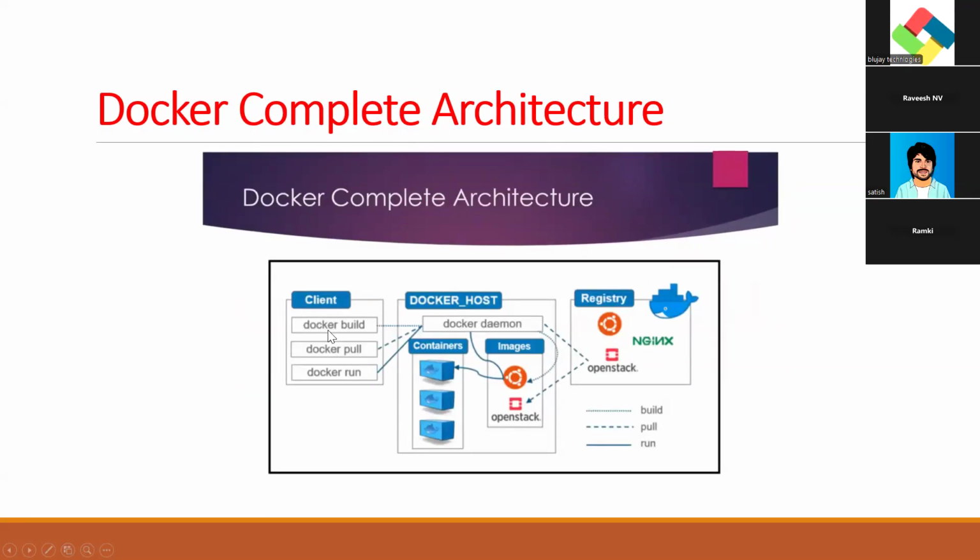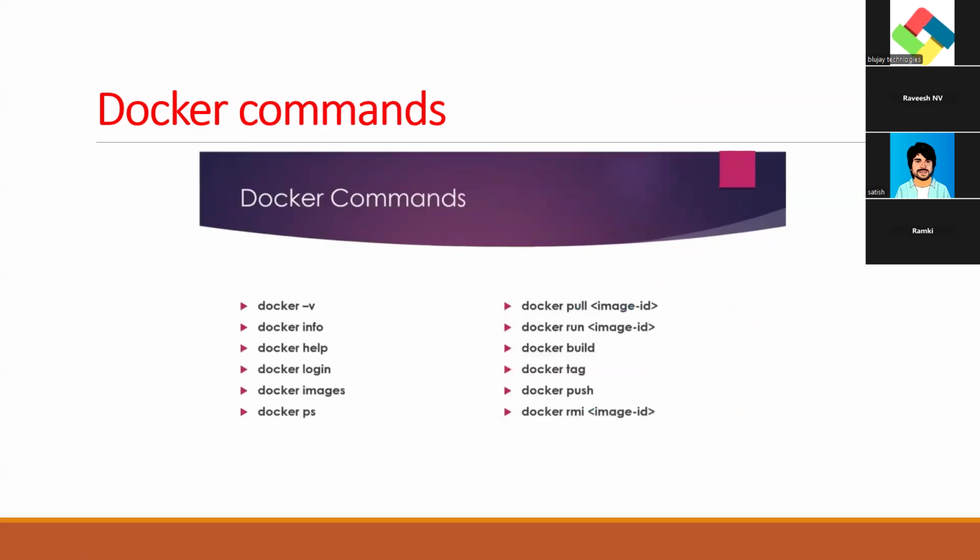From the Dockerfile, we can build the Docker image, and today we will push it to the Docker Hub repository. We only know docker pull so far, and docker run we already ran. So today we'll discuss docker build, docker tag, and docker push.